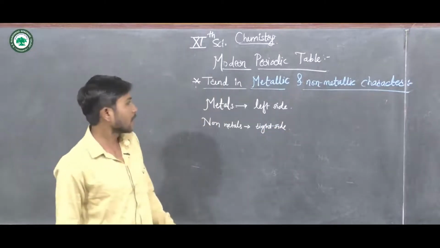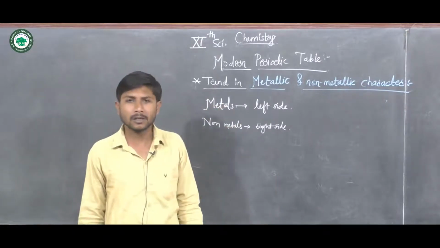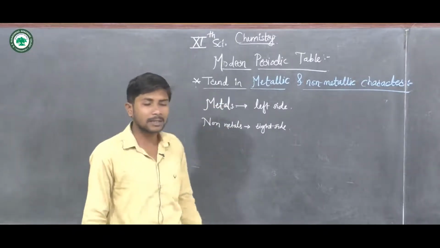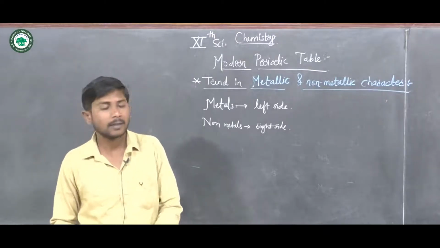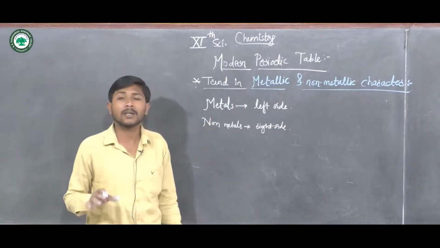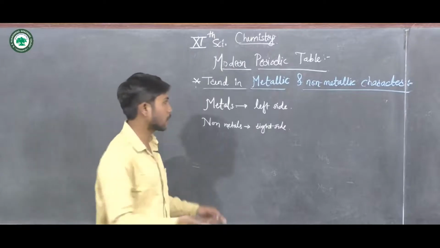Metals are good conductors of electricity and non-metals are poor conductors of electricity, but metals can form compounds by losing electrons.